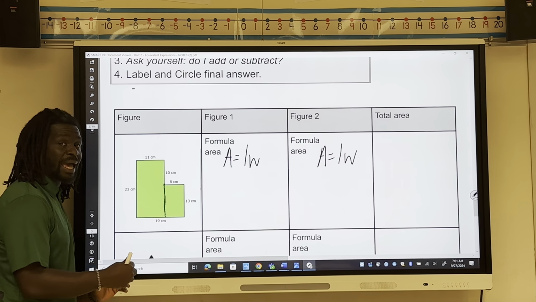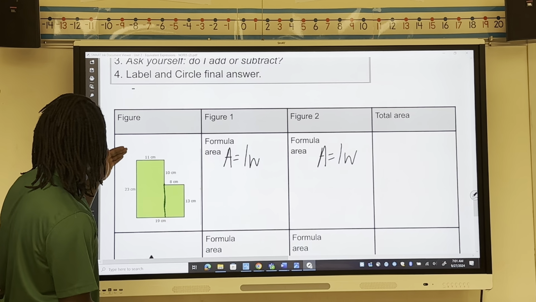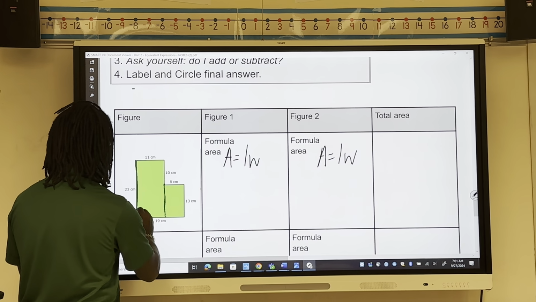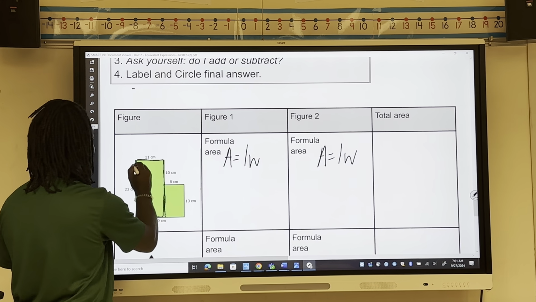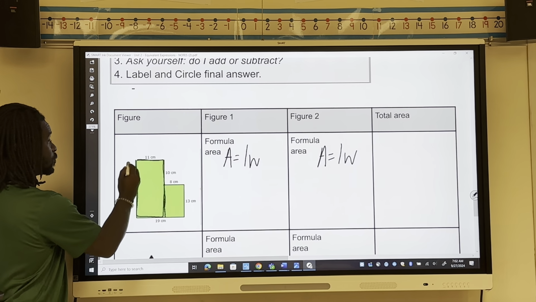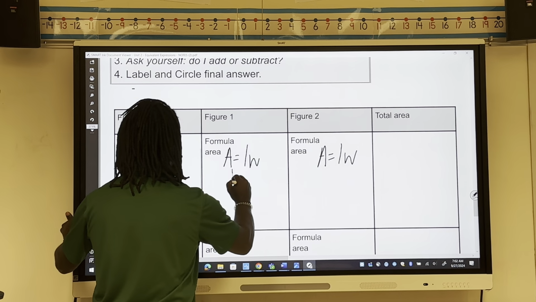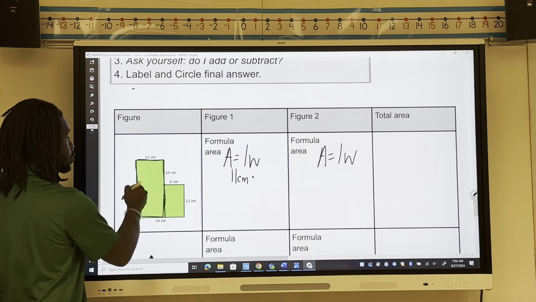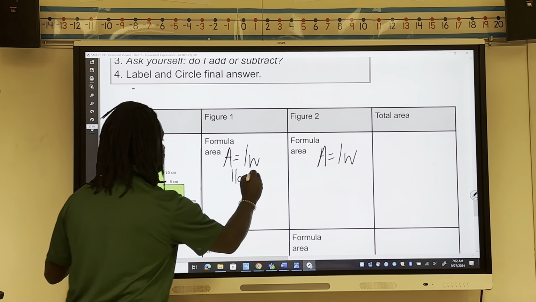Now I've got my two formulas. Now I have to figure out what my dimensions are. For the first rectangle, it is length times width, so my length is 11 centimeters times the width is 23 centimeters.